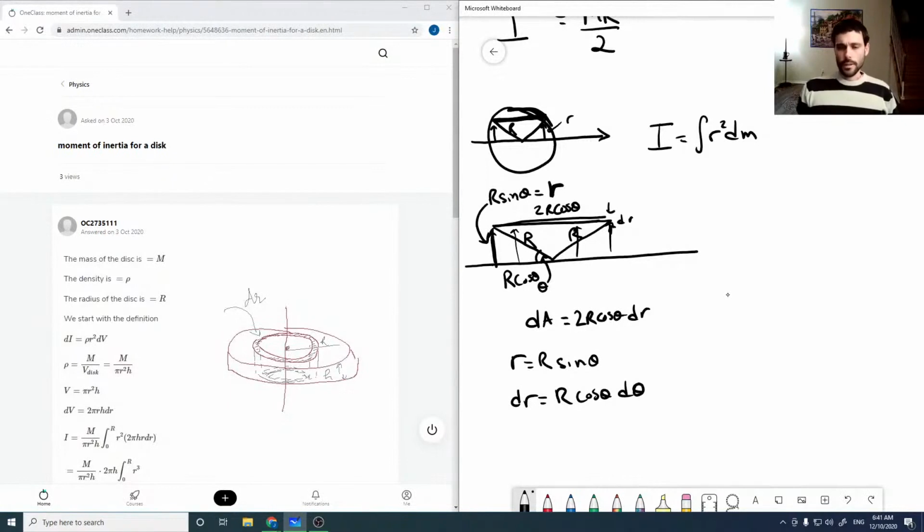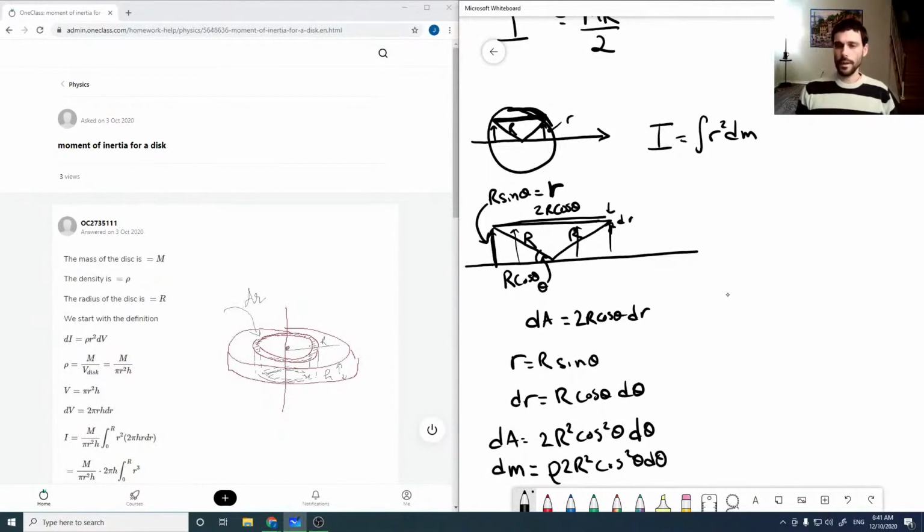Plugging that in for our dr, then our area segment is now 2r squared cos squared theta d theta. And again, similar to above, we can now define a small amount of mass as rho 2r squared cos squared theta d theta.